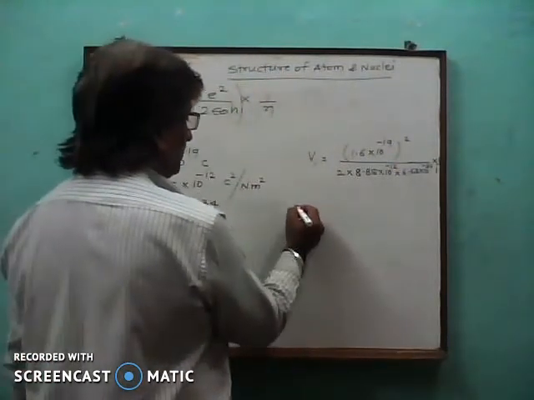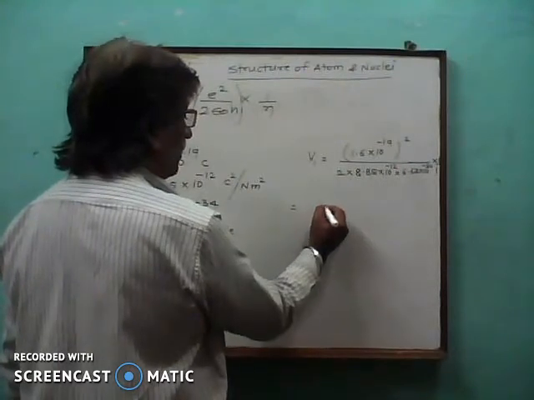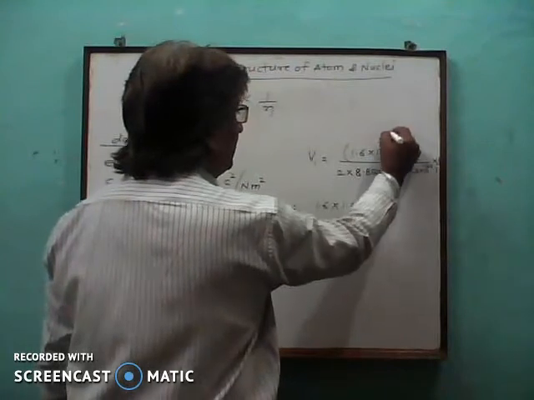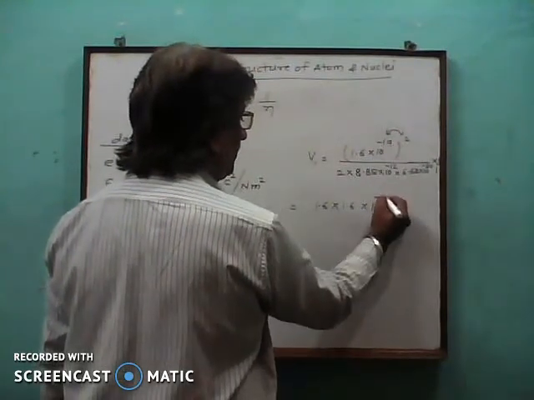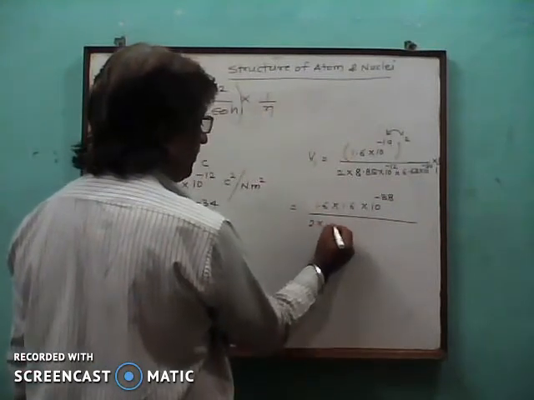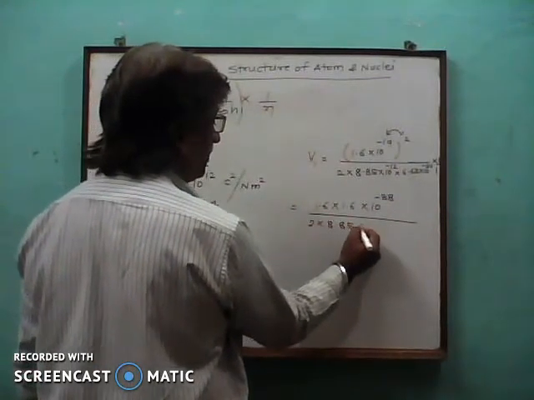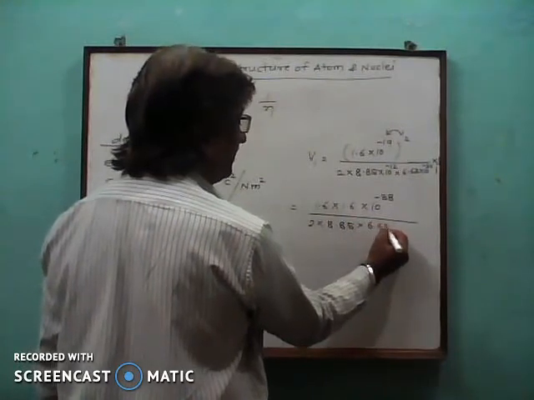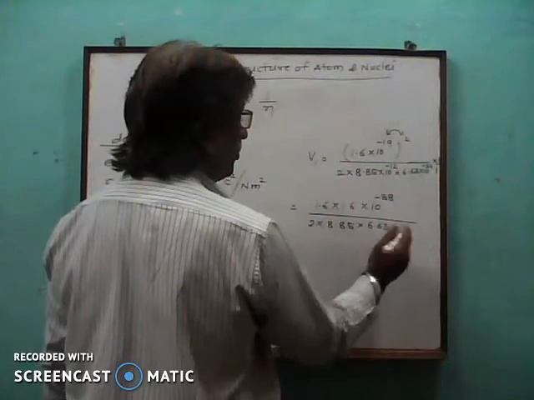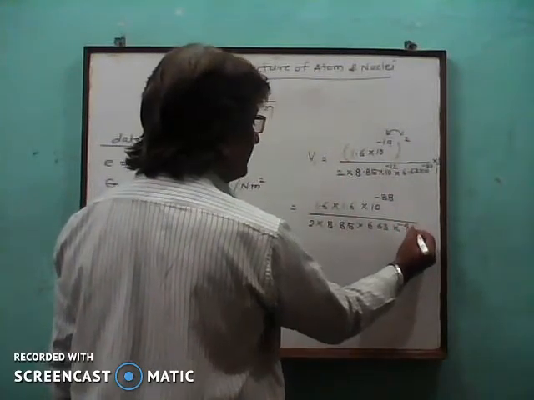So here we can write 1.6 into 1.6 into 10 to the power minus 38, divided by 2 multiplied by 8.85 multiplied by 6.63 into 10 to the power minus 46.